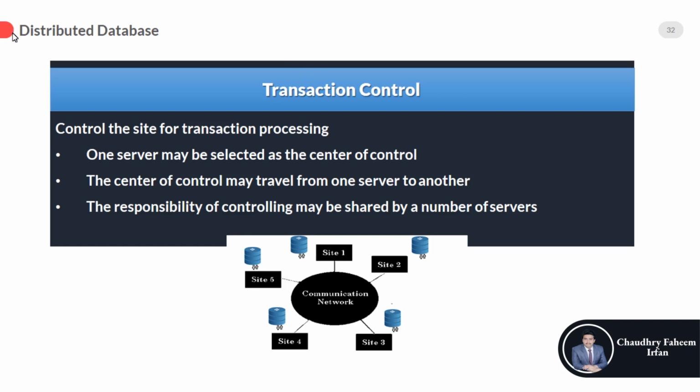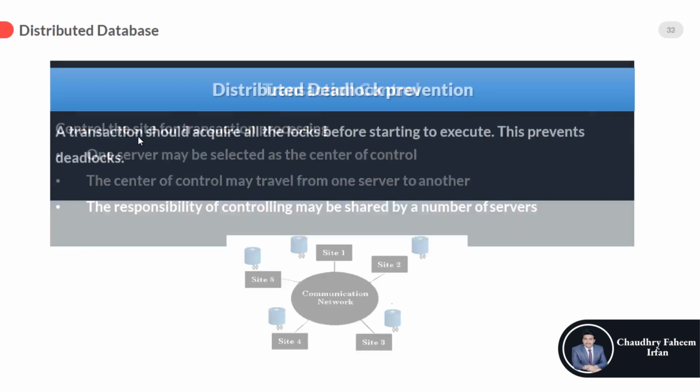One server may be selected as the center of control. The center of control may travel from one server to another. The responsibility of controlling may be shared by a number of servers. So these are the steps for controlling the site for transaction processing.